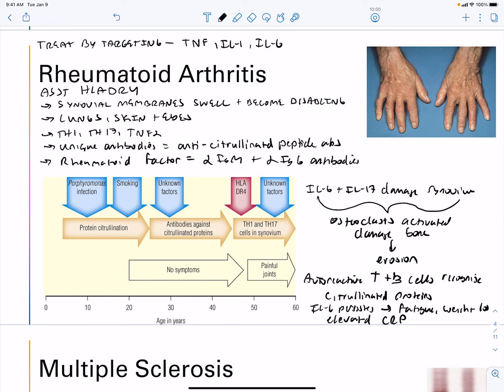Now, protein citrullination is basically you have the amino acid arginine, and it's going to be converted to citrulline. It is thought that this may occur during inflammation.